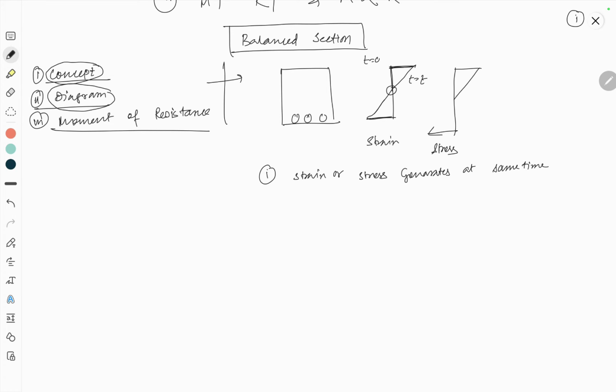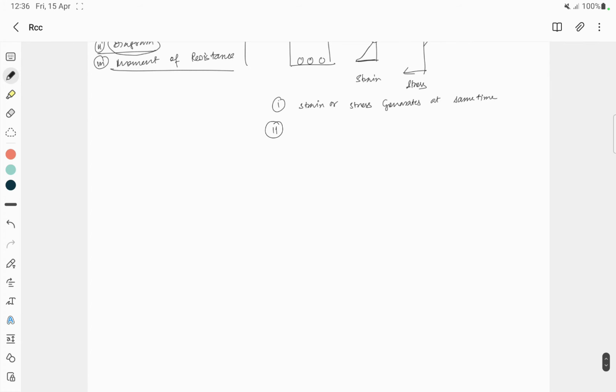That means at the same time when the compressed fiber reaches its maximum strain, in the tension zone they reach their maximum tensile strength. Number 2 situation: strain or stress in the compression zone occurs first, then the tensile zone.